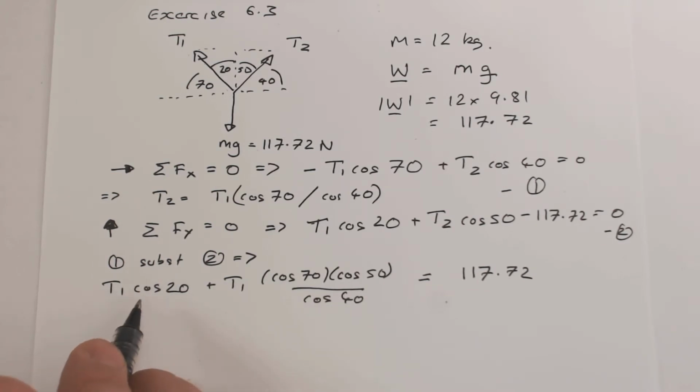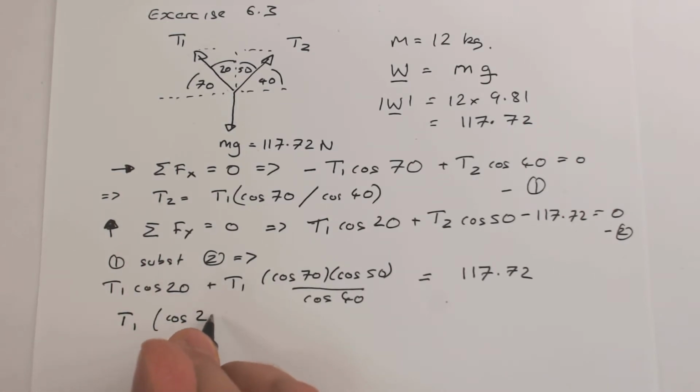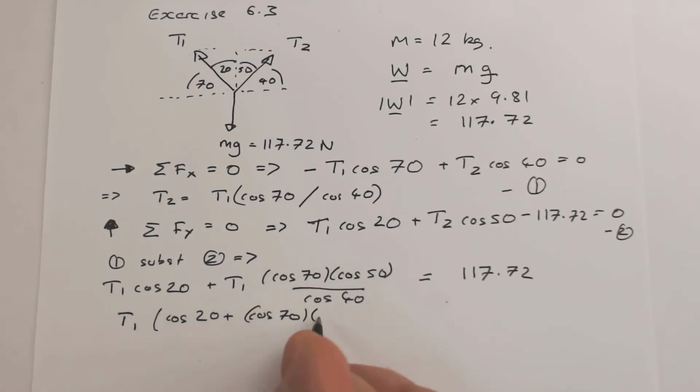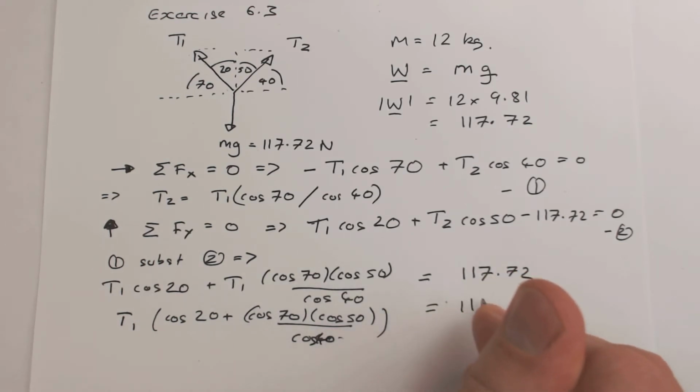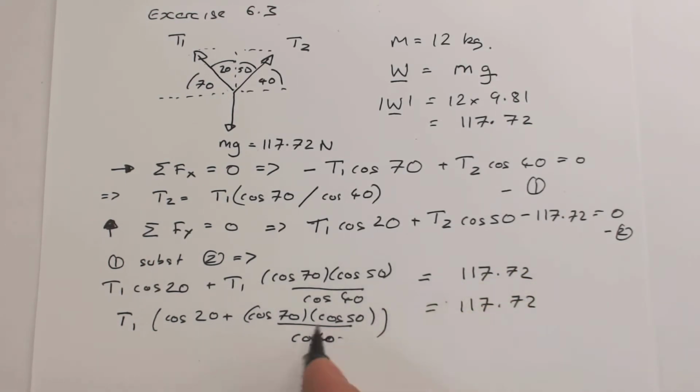So we bring this and this together, so we've got T1 times cos 20 plus cos 70 times cos 50 divided by cos 40 equals 117.72. So I'm going to work all this out on my calculator, and then divide by that number there and find out what T1 is.